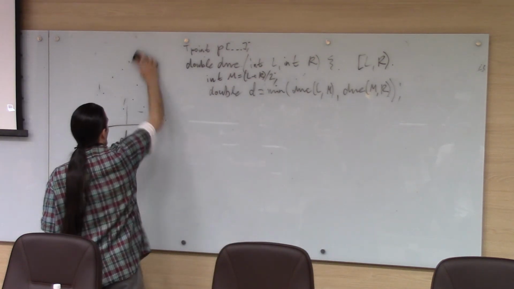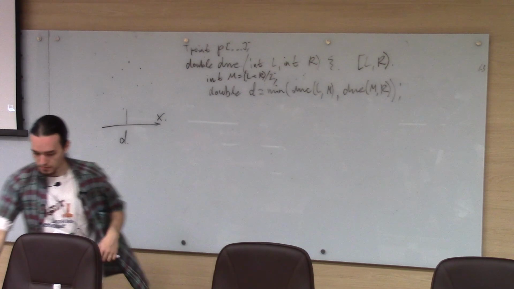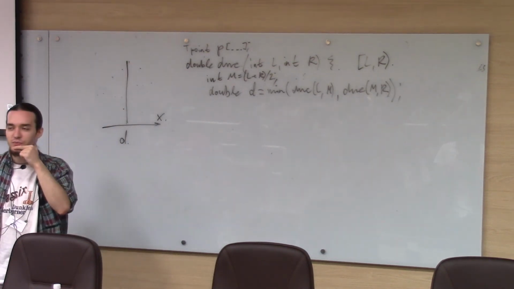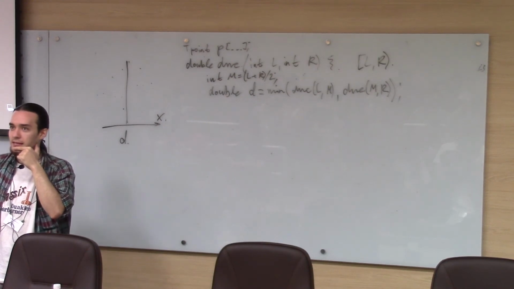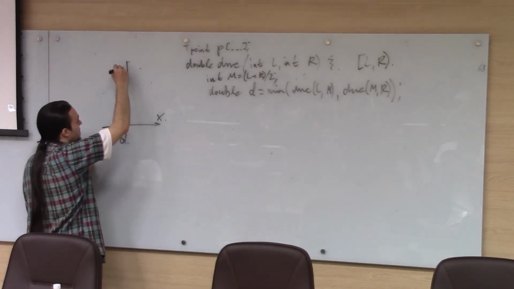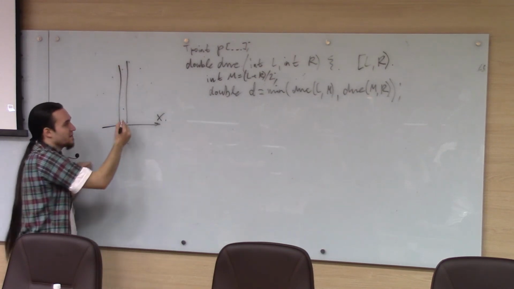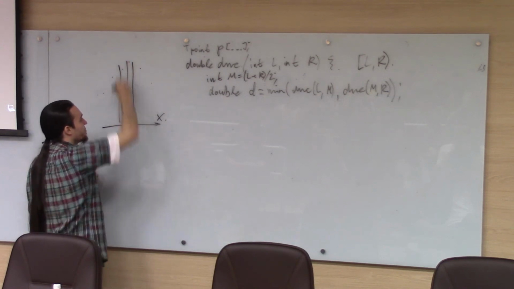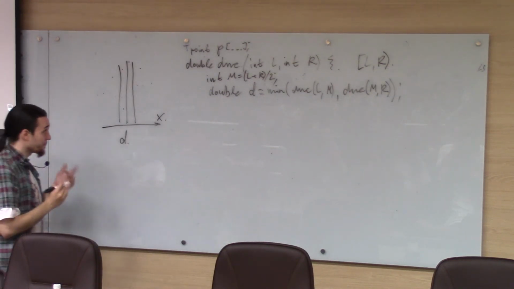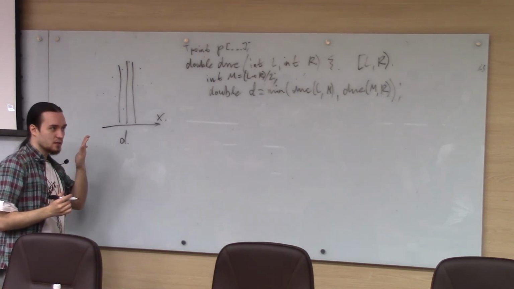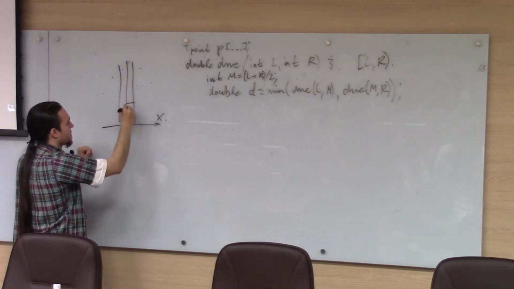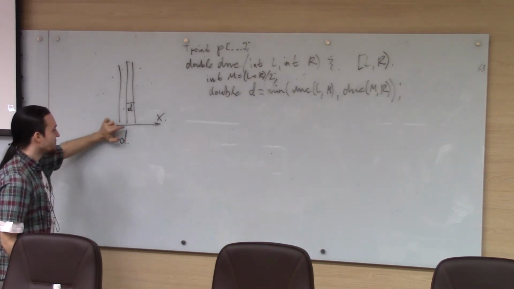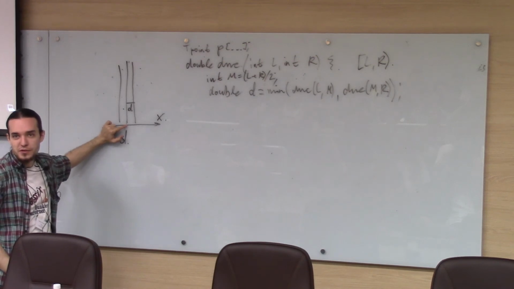So if we want to consider pairs that have a chance to improve on d, then if we consider this vertical line that separates the two sets, it doesn't make sense to consider points whose x coordinate differs from the coordinate of this line by more than d.